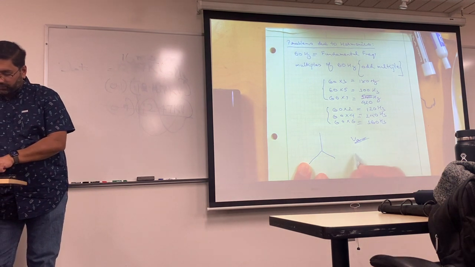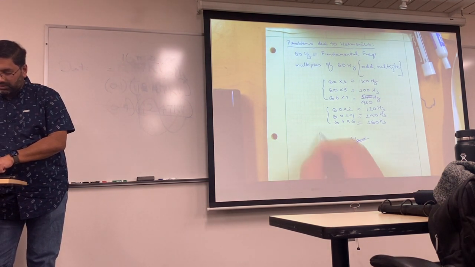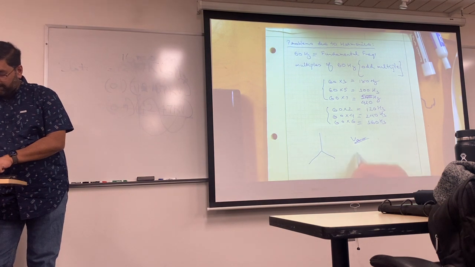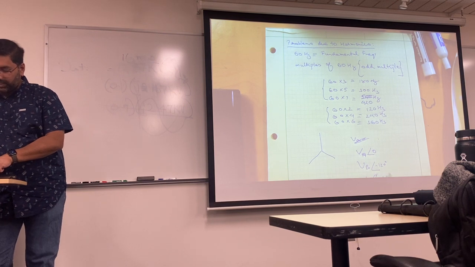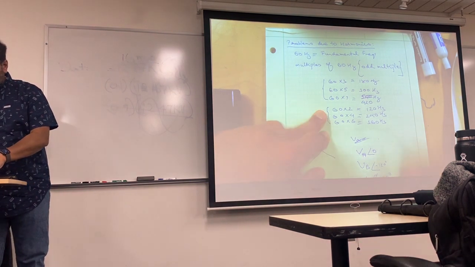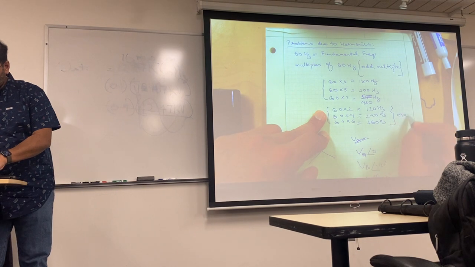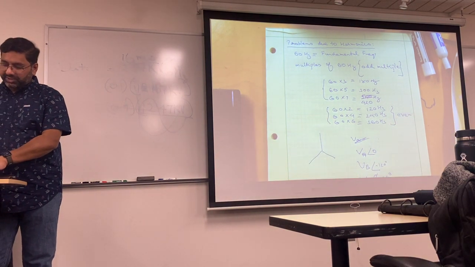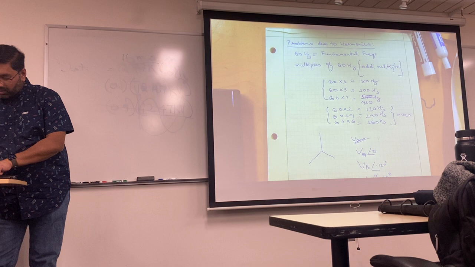So we started this class with VA at 0 degree, VB at negative 120, VC at positive 120 degree. What happens for the even ones, when I add the voltages or currents, my neutral would be 0.